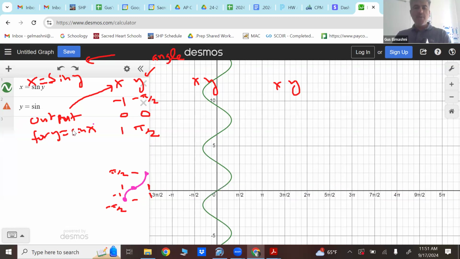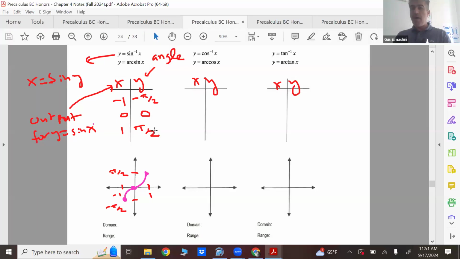But see how right now x equals sine y, does that pass the vertical line test? No. So you have to restrict it. And that's why it's restricted between negative pi over 2 and pi over 2 for y. Notice that that was the default domain for y equals sine x when we wanted to force it to be a one-to-one function.